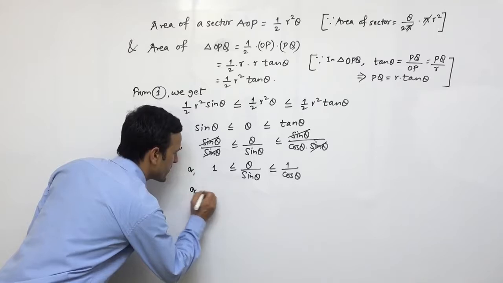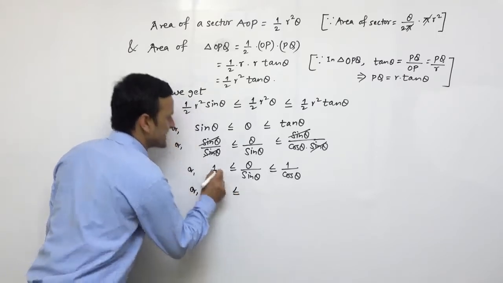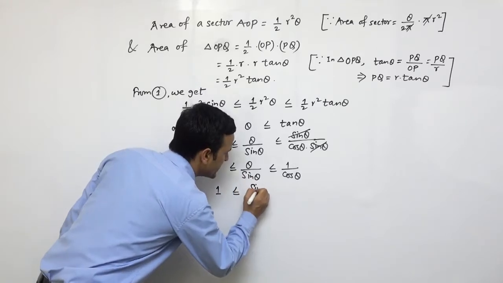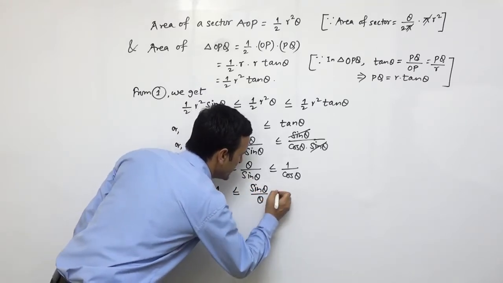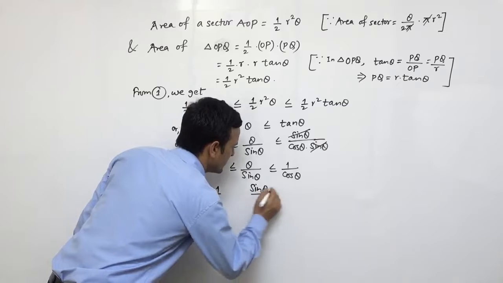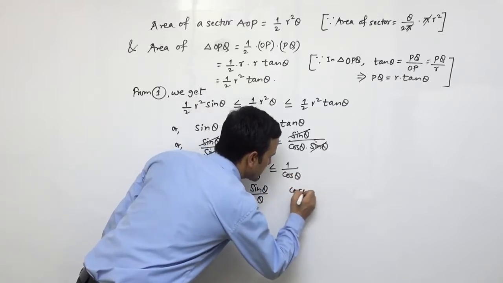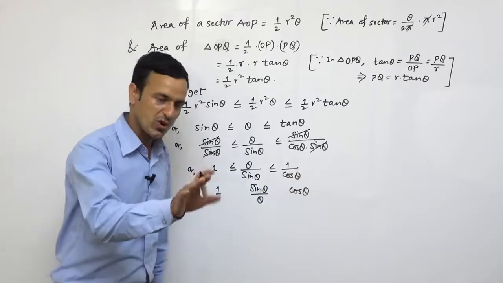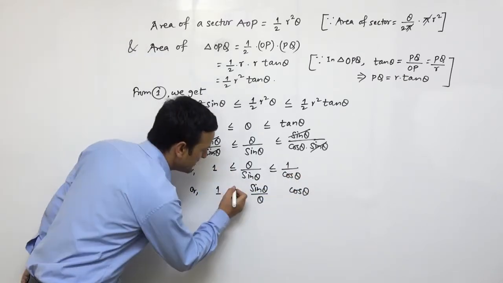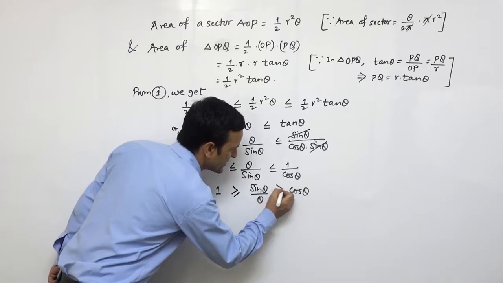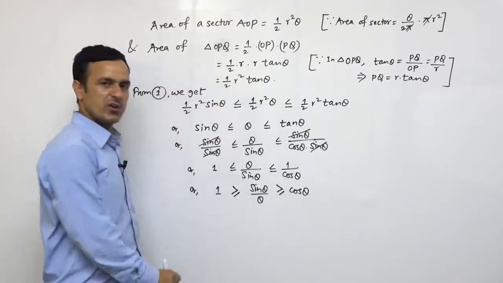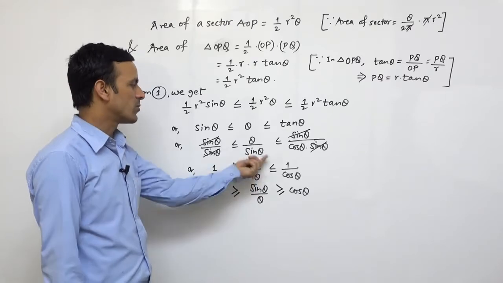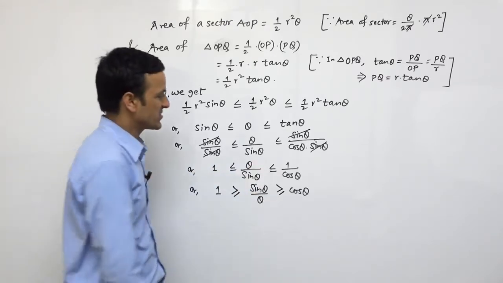Now make it reciprocal. The reciprocal of 1 is 1. The reciprocal of theta by sin theta is sin theta by theta. And the reciprocal of 1 by cos theta is cos theta. If we take the reciprocal of all the terms above, the inequality sign will change. This is the rule: as soon as the values are inverted, the sign will change.